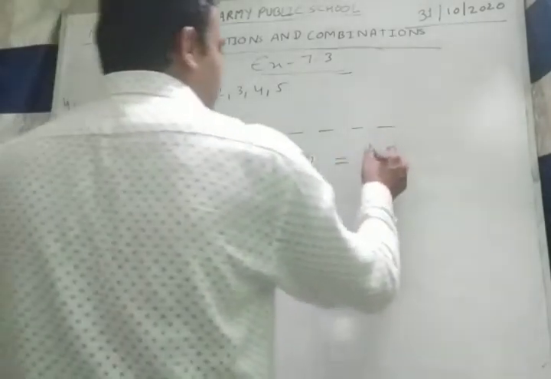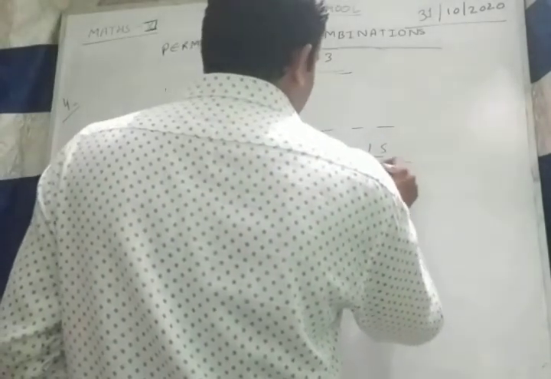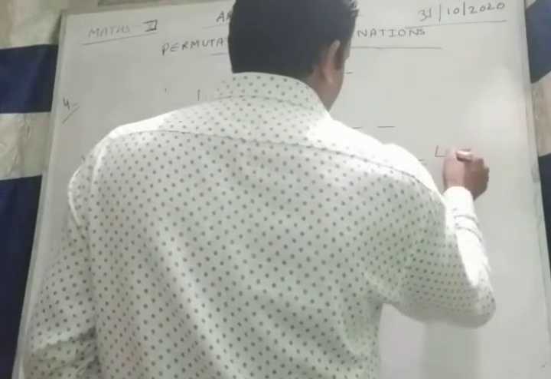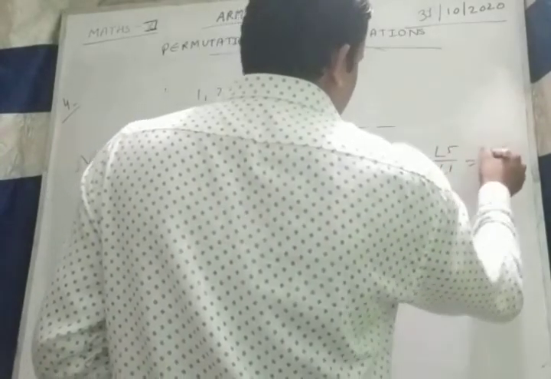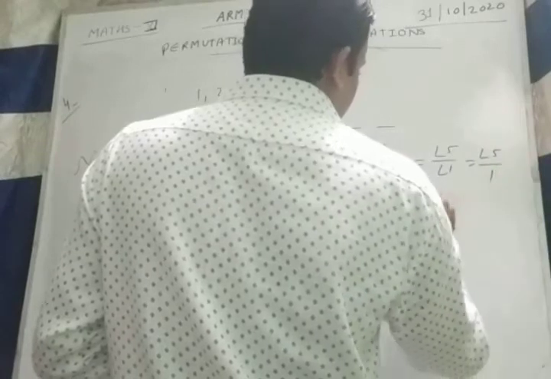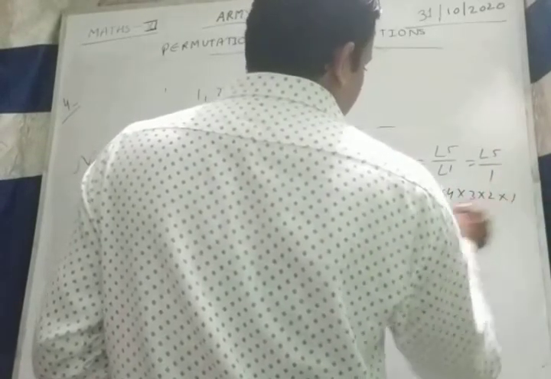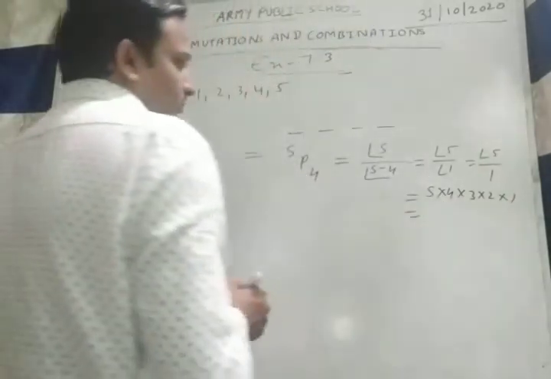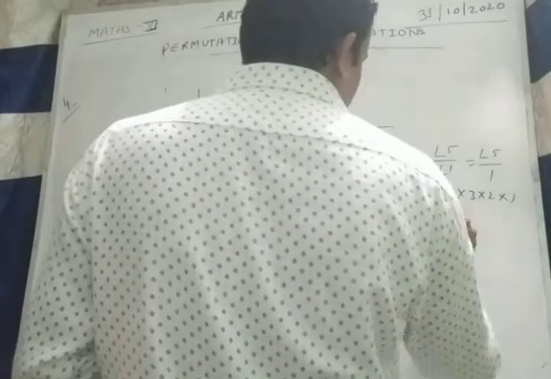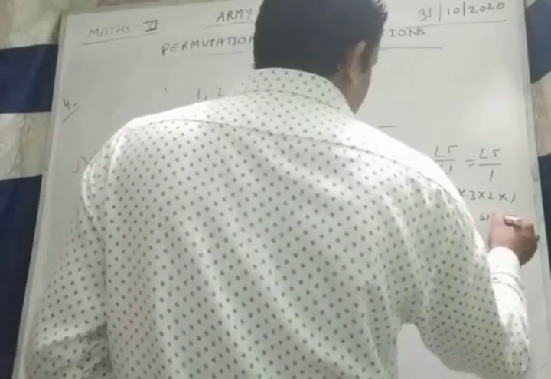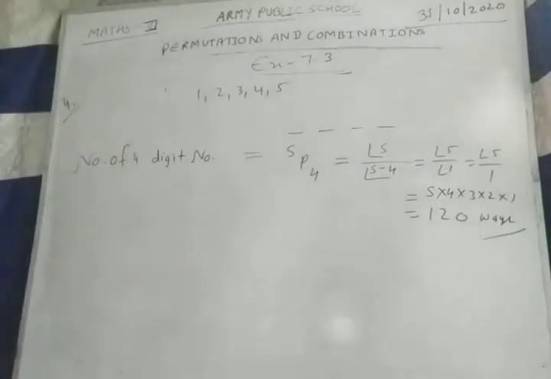It will be factorial 5 by factorial 5 minus 4. So factorial 5 by factorial 1. And factorial 1 is 1. So 5 into 4 into 3 into 2 into 1. 5 4s are 20, 20 3s are 60, 60 2s are 120. So the total number of ways will be 120.